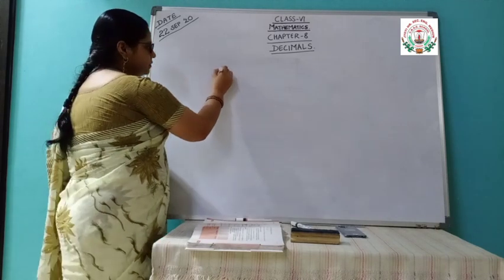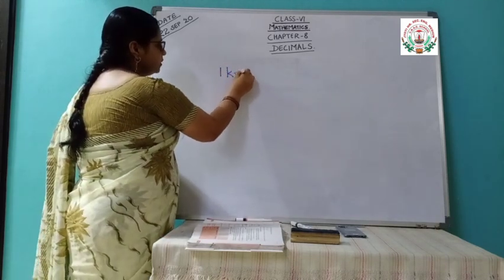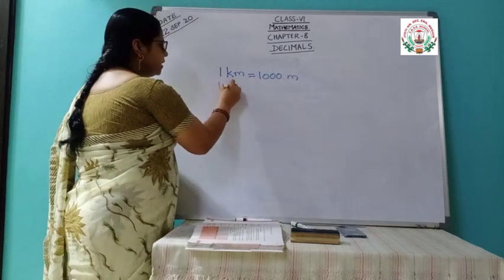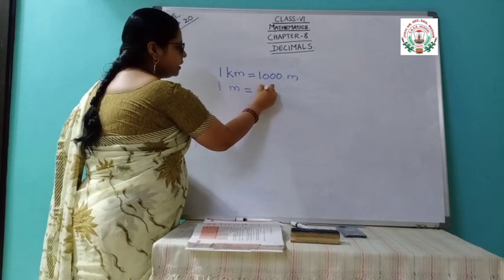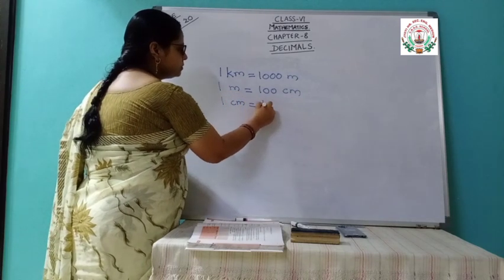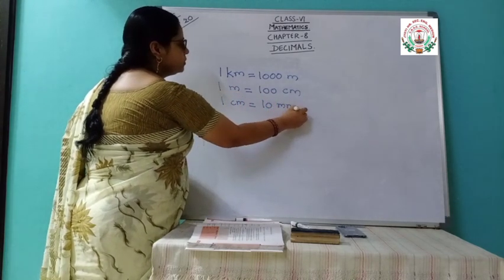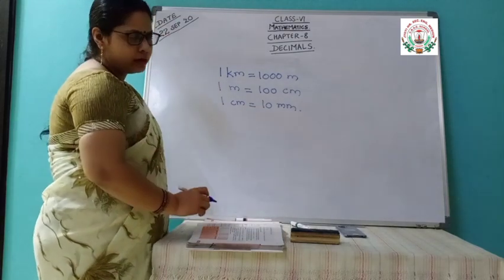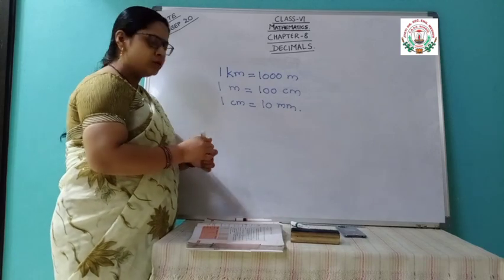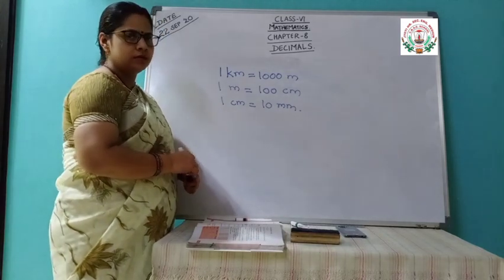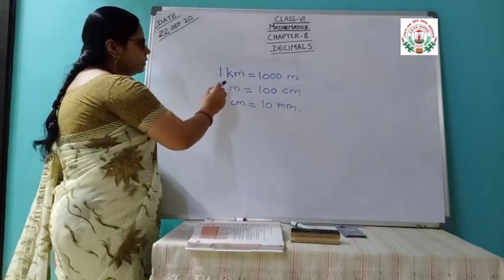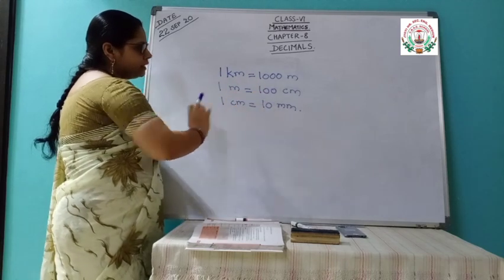So 1 kilometer is equal to 1000 meters, 1 meter is equal to 100 centimeters, and 1 centimeter is equal to 10 millimeters. To make learning easy, go in order: kilometer, then meter, then centimeter, then millimeter.